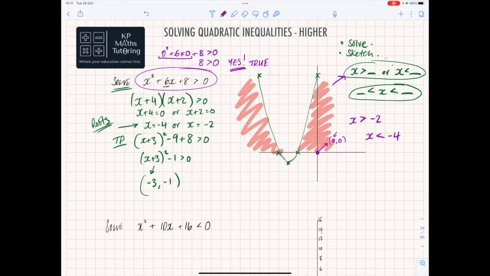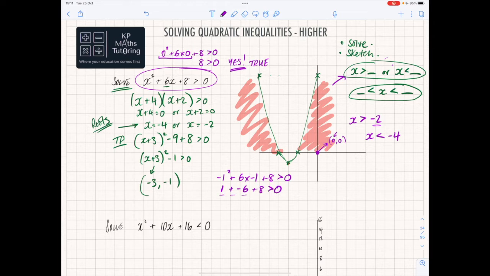If I was to substitute these values in, so x is greater than minus 2, so it can't be minus 2. The closest number it could be is minus 1. If I then take minus 1 and substitute it into the equation, what we end up having is 1 plus minus 6 plus 8, and that should be greater than 0.